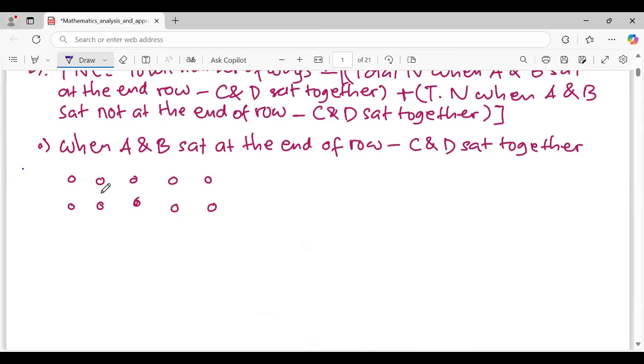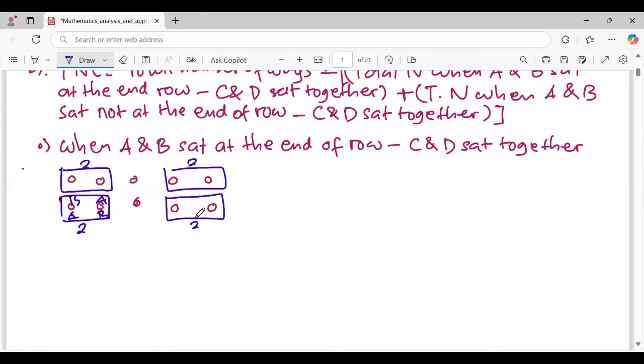If A and B sit at the end of the row, for example here and here, there are two possibilities or two ways: A here and B here, or B here and A here. As well here there are two ways.